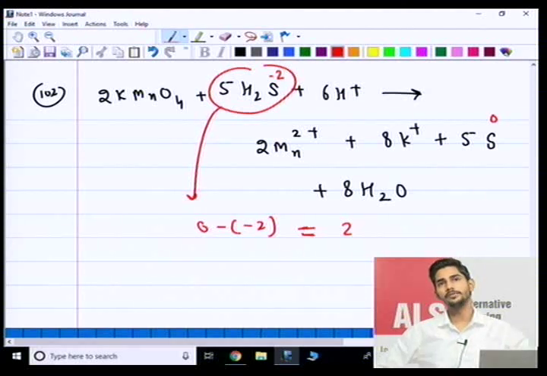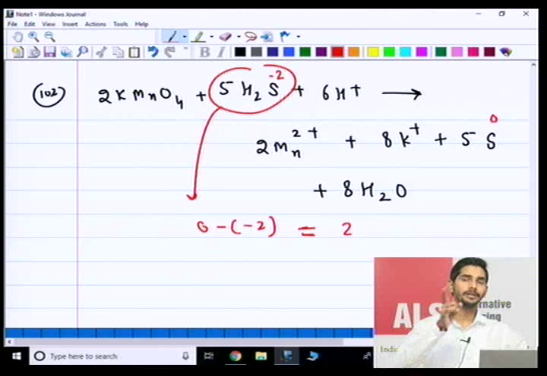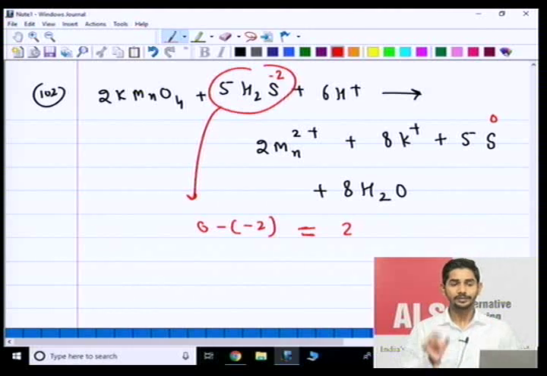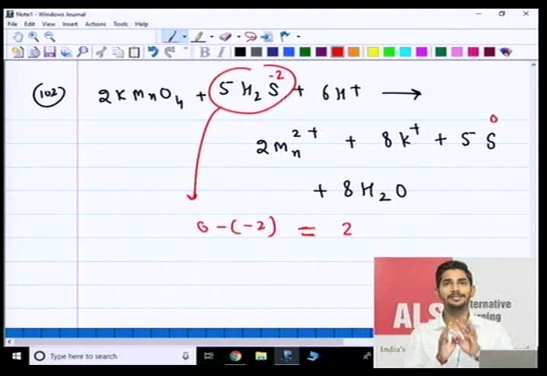Please don't be confused that 5 moles are given over there. Remember, 5 moles are given on the left hand side, so 5 moles are given on the right hand side as well. They will balance out. When you talk about the 5 sulfur, the 5 sulfur behave as a reducing agent, and after reducing they will be converted into 5 sulfurs as well. Ultimately, this is the balanced equation.